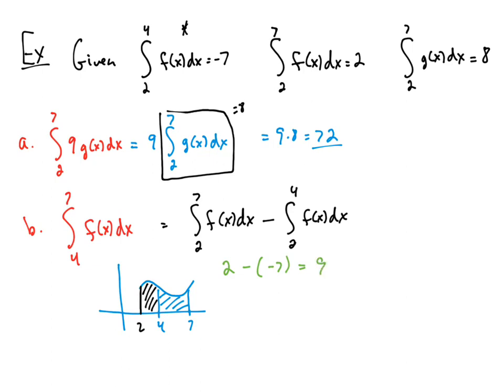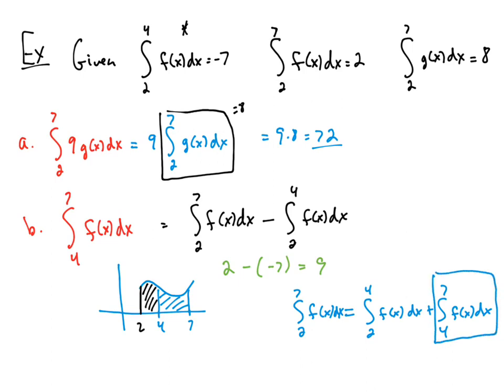Another way of thinking of this is, well, the integral from 2 to 7, we could rewrite that as the integral from 2 to 4 of f of x dx plus the integral from 4 to 7 of f of x dx. So this question is saying, what is this one equal to, if we already know the values of these first two.